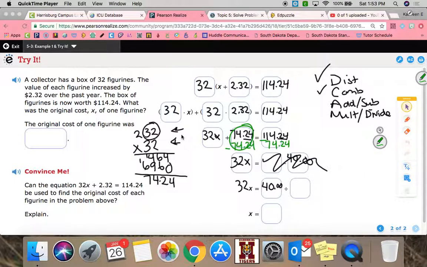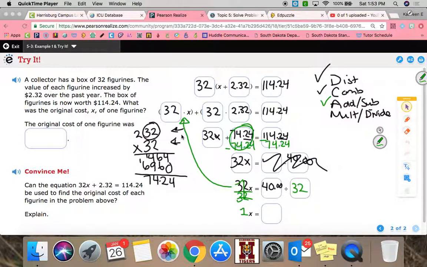Now we've added or subtracted. Now we need to multiply or divide. This is 32 times x. Remember, that's what we did to get it right here, 32 times x. So the opposite of multiplying by 32 is to divide by 32, and we get 1x down there. And then 40 divided by 32.